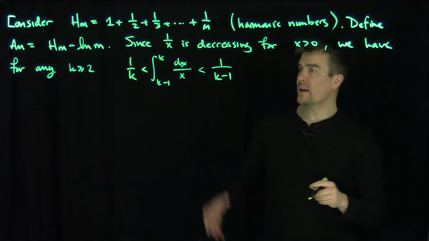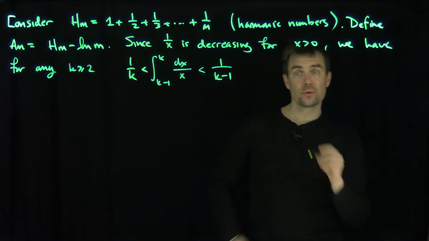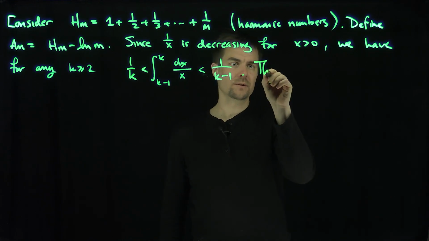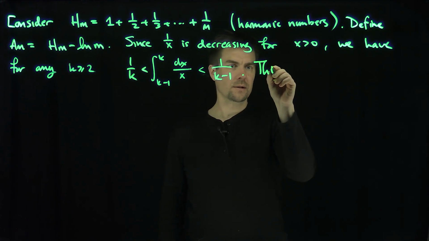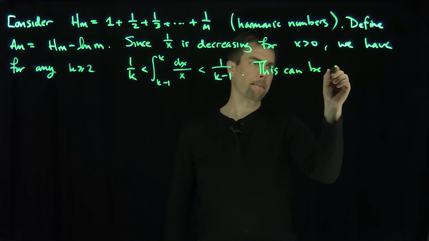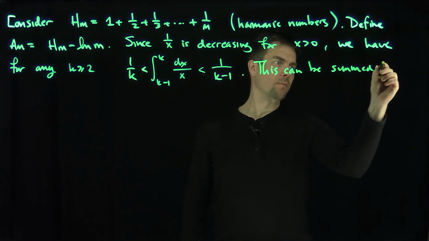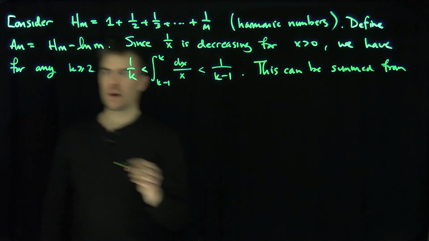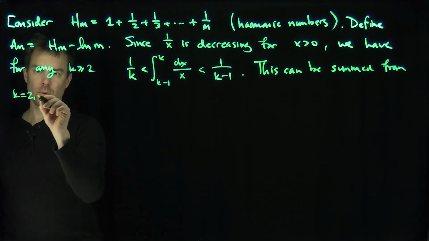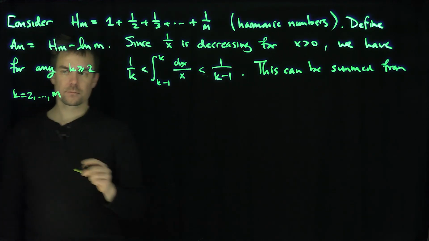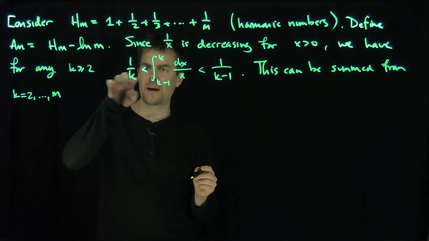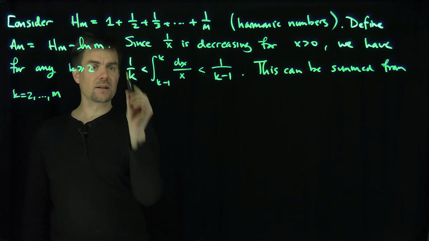And so what I can do now is sum this up, k goes from 2 to m. If we sum k from 2 up to m over here, I'm going to get the mth harmonic number minus 1.